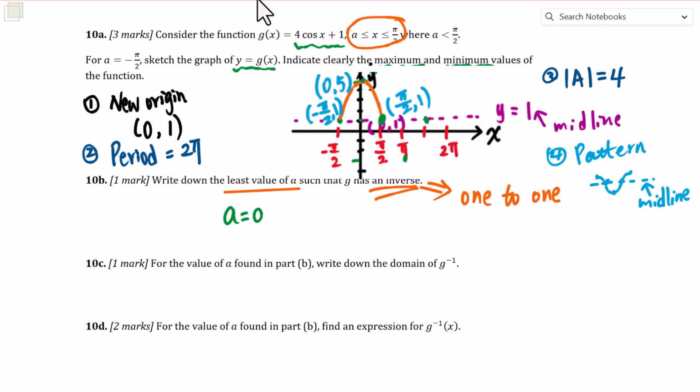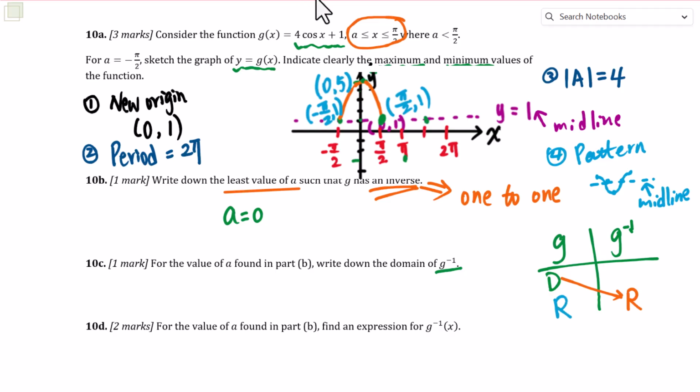For the value of a found in part b, write down the domain of inverse of g. We know g function and inverse of g function. Domain of g function will be range of inverse g function.